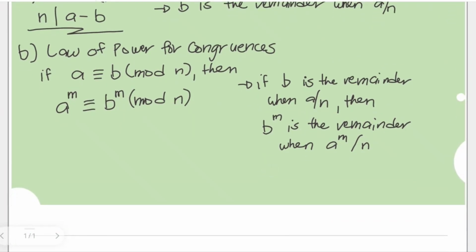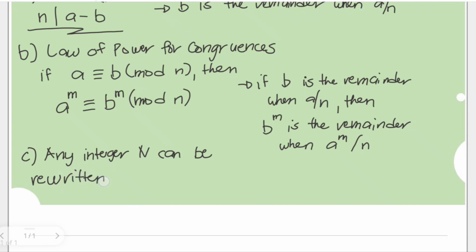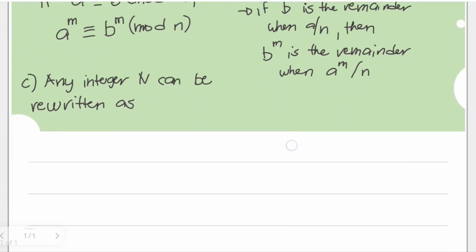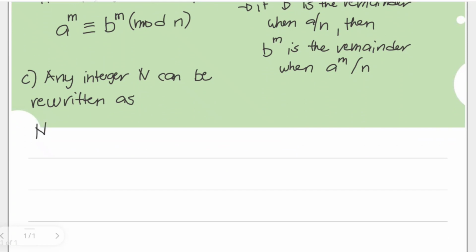The next background concept is the idea that any integer n can be rewritten in this form.